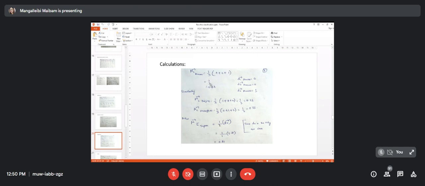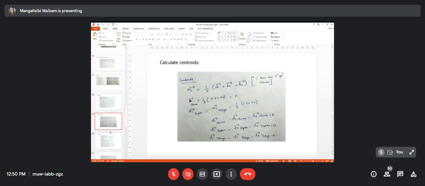Then for Macau, 1 by 3 times 0, 0, 1, because in the D1 vector for Macau it is 0, in the D2 vector it is 0, and in the D3 vector it is 1. So we got 1 by 3, which is 0.33.